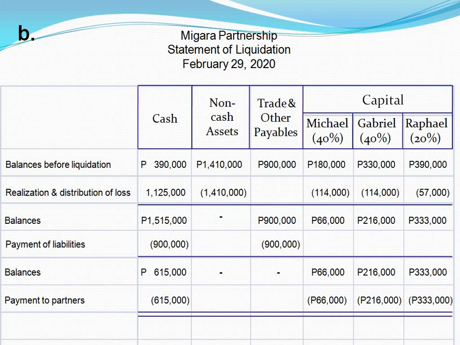And if we subtract that total loss from the carrying value of the non-cash assets of 1,410,000, then we get these cash proceeds of 1,125,000.